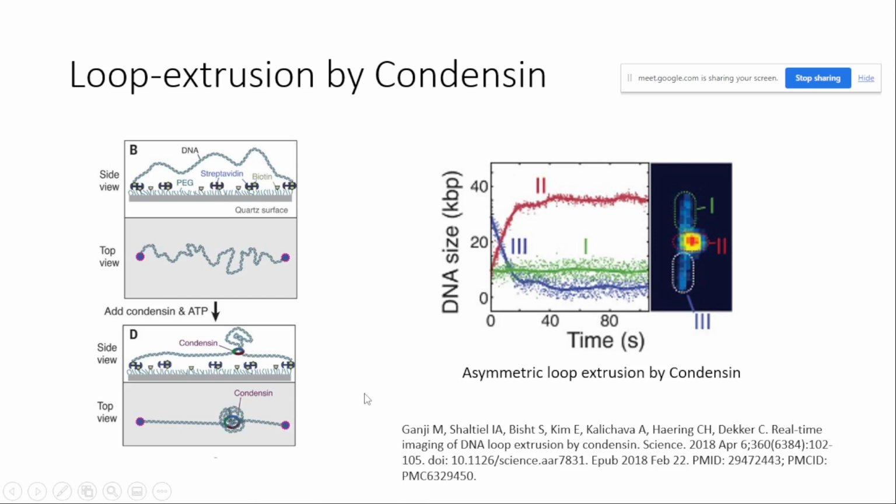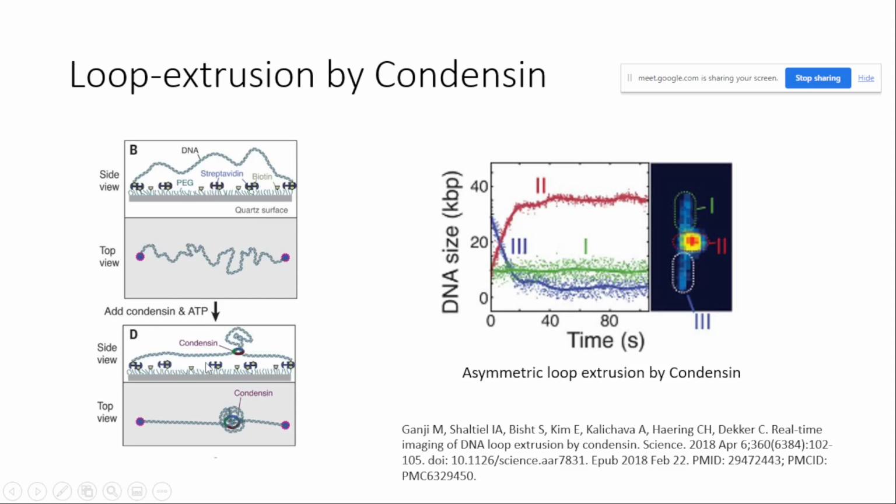In the experiment carried out here, they took a quartz plate, incubated with streptavidin, and a DNA molecule was tethered by two ends to this quartz plate, and the two ends of the DNA contain biotin. As you know, the biotin-streptavidin interaction is very strong, almost covalent. So this DNA was tethered to the quartz surface by this biotin-streptavidin interaction. After tethering the DNA on this surface, they found the loop extrusion activity by adding condensin and ATP.